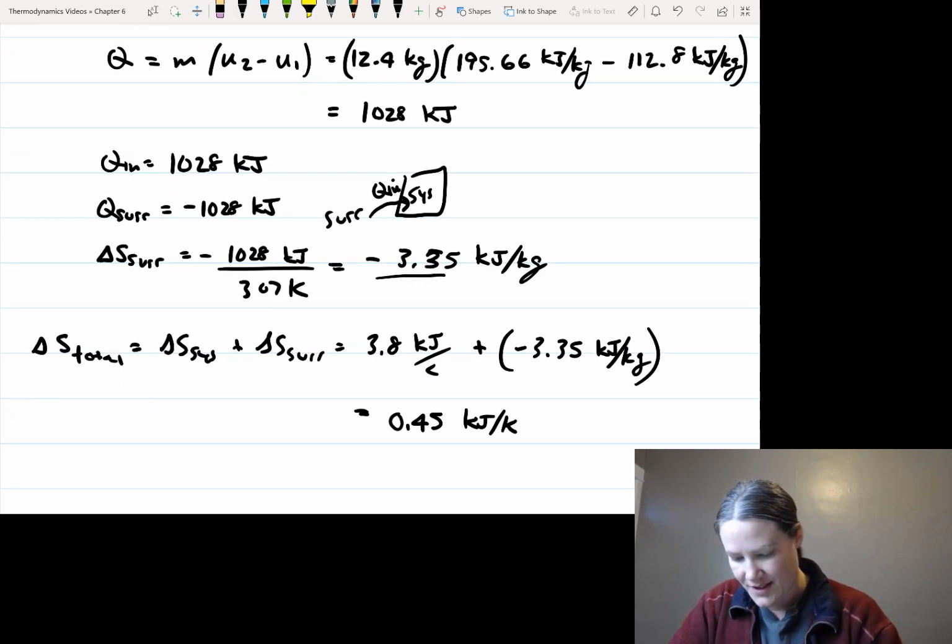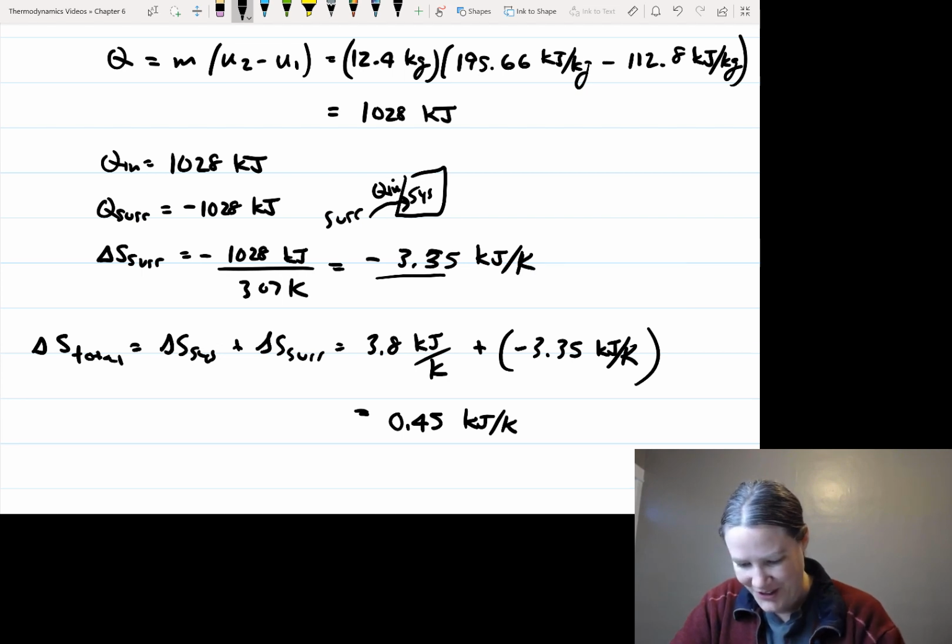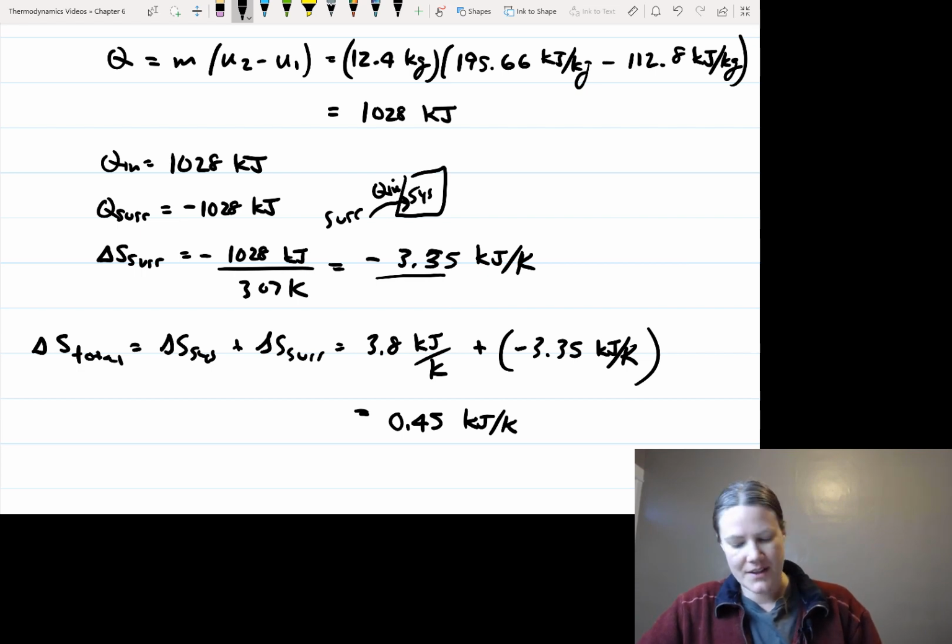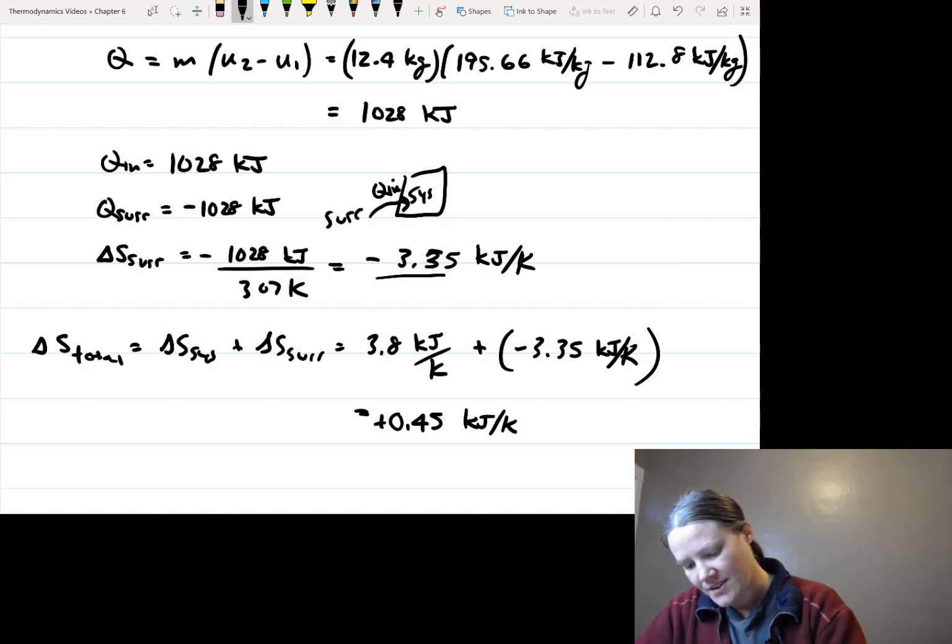And these aren't per kilogram, these are per Kelvin. Just get used to that. All right, since the total entropy is positive, this satisfies the second law.